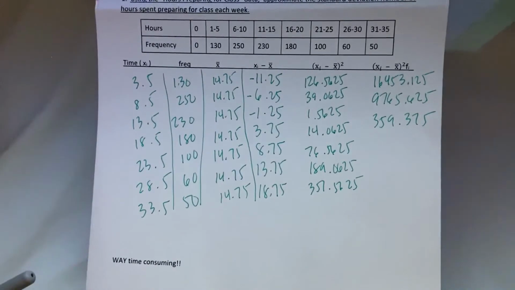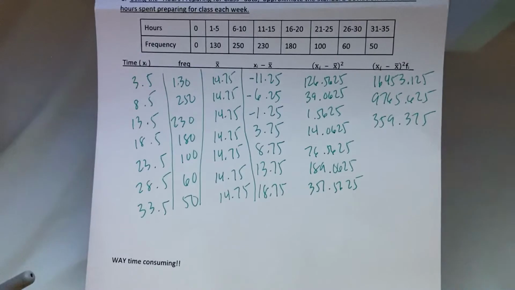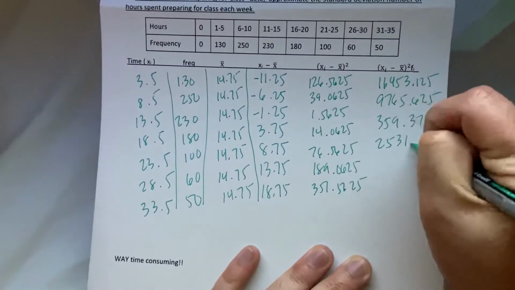Oh, I typed improperly. Lovely. 14.0625, let's try this again, times 180 is 2,531.25.